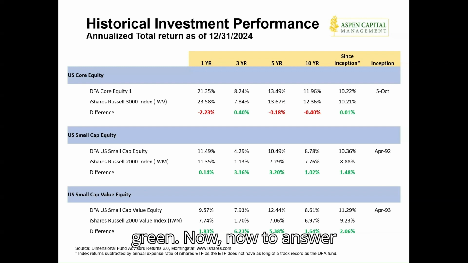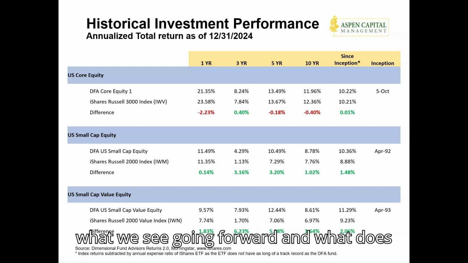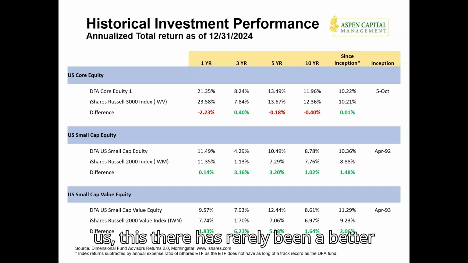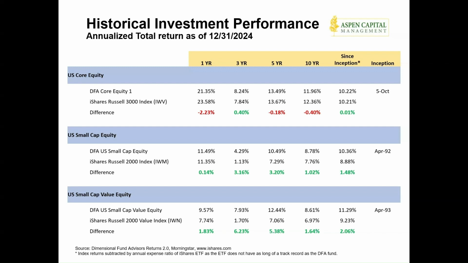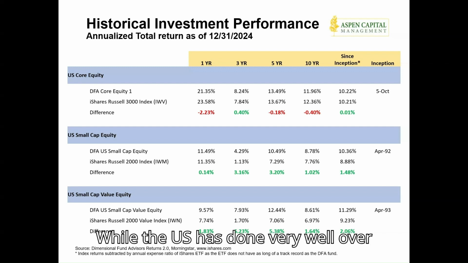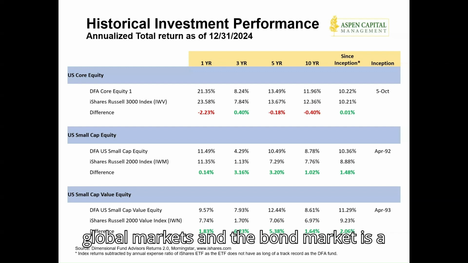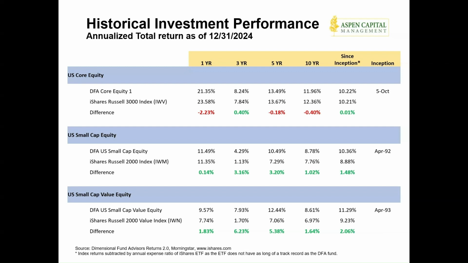Now to answer that second part of that question about what we see going forward and what this means for future expected returns, to us, there has rarely been a better time to be a globally diversified investor with tilts towards these premiums that we talk about. While the US has done very well over the past decade, what you see in the global markets and the bond market is a return lower than that of their long-term averages.